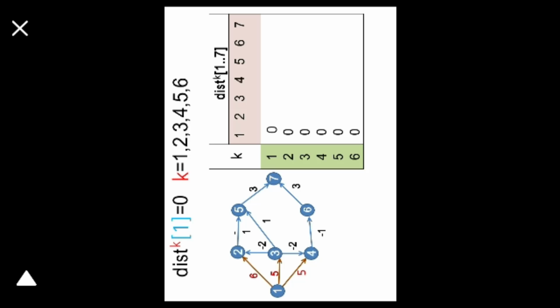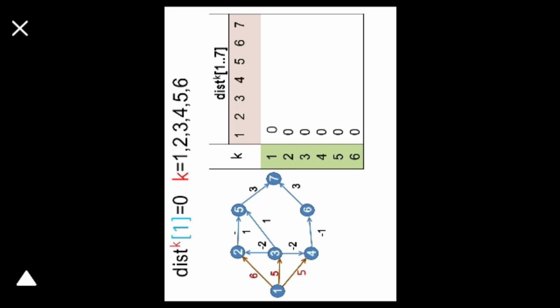So here we have written in the table distance of source to source with 1 edge as 0, with 2 edges, that is second row, also 0, with 3 edges, third row also 0, with 4 edges 0, with 5 edges, and with 6 edges also 0. So here we have done first column as 0, meaning distance from source to source with any number of edges is 0.